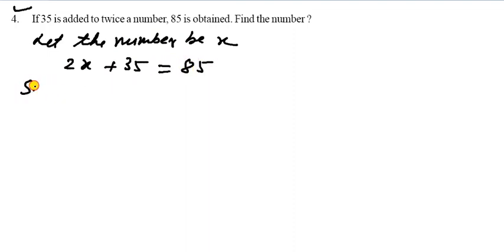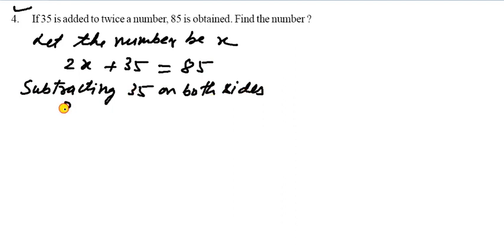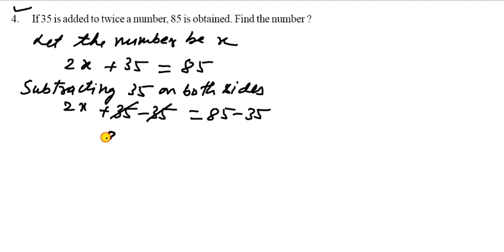So now subtracting 35 on both sides. So 2x plus 35 minus 35 becomes 85 minus 35. So 35 will be cancelled out, and here is 2x. So 5 minus 5 is 0, and 8 minus 3 is 5.